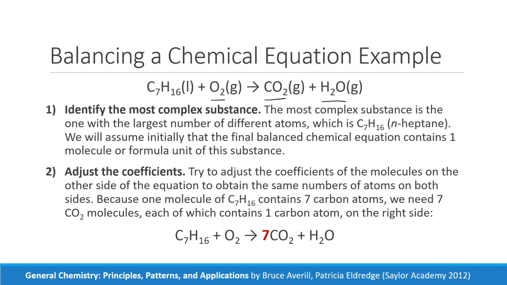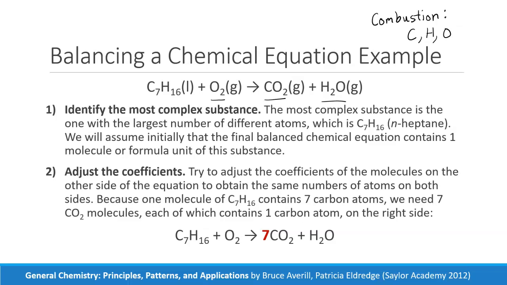But all combustion reactions are going to have O2 as a reactant and CO2 and H2O as products. So first, when I notice that it's a combustion reaction, there is a very quick tip to combustion reactions. And that is that you want to balance them in the order of carbon, hydrogen, and then oxygen.